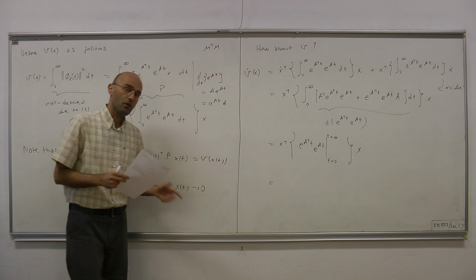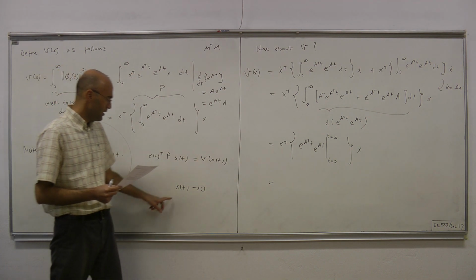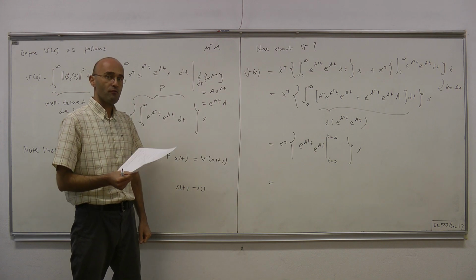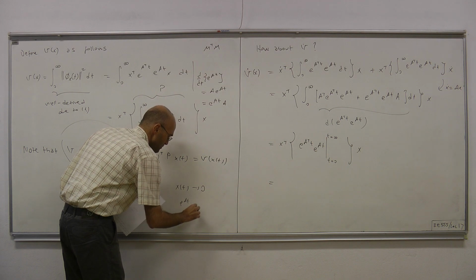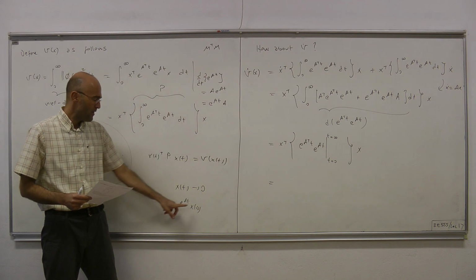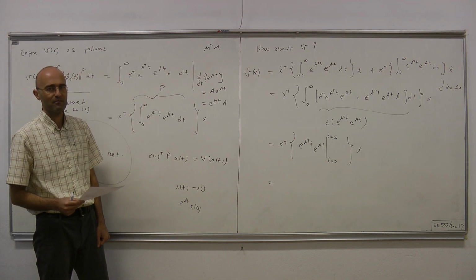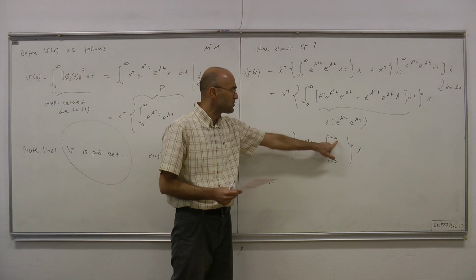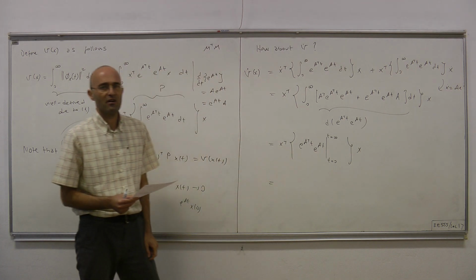Since the system is asymptotically stable, x of t converges to the origin exponentially. Since x of t was e to the A t times the initial condition x of 0, that means e to the A t converges to the zero matrix exponentially. So at t equals infinity, if you evaluate that, these two matrices must be 0.